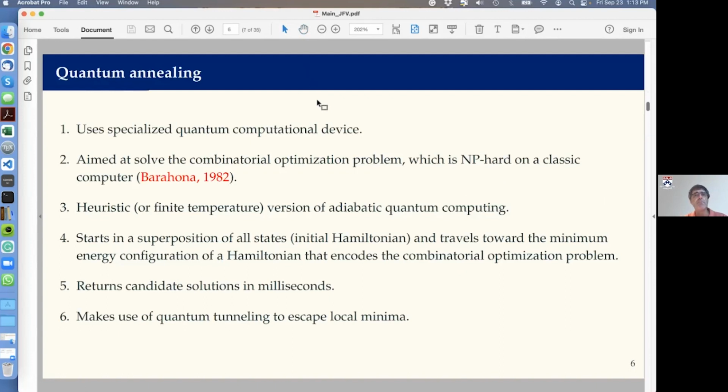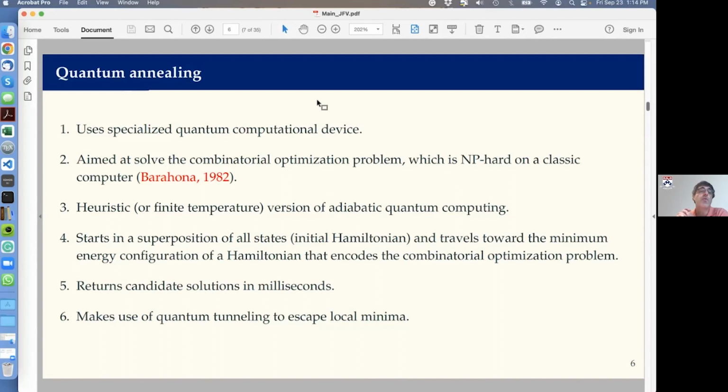Okay, so I was told that all of you are familiar with quantum computing, but just to be on the same page with respect to what quantum annealing is: it is a specialized quantum computational device that is aimed at solving the combinatorial optimization problem, which we know is an NP-hard problem on a classical computer.